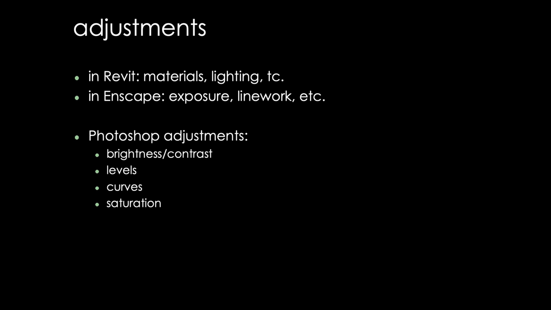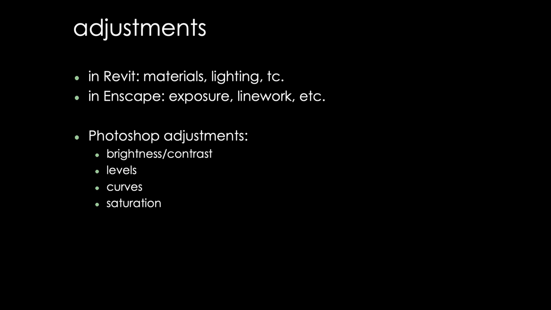So if you have, say, a part of the room where there wasn't a whole lot of light, and so it obviously renders dark, you can try adjusting just that part of the room using a brightness contrast adjustment layer. There are also the levels, which can help you to add brightness or subtract it from certain areas. Curves is another adjustment layer.